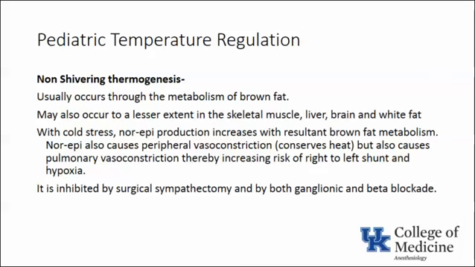It will also cause pulmonary vasoconstriction, and if these infants have a patent foramen ovale or patent ductus arteriosus, you could have a right to left shunt. You can inhibit this brown fat metabolism by doing a surgical sympathectomy or ganglionic and beta blockade.